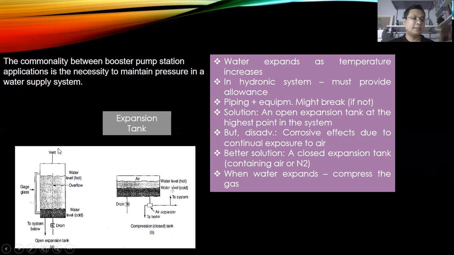On the top there is a vent. The vent system is to control the pressure and also to avoid air being contained inside the system. So we can remove it by using the vent. But we will discuss this later, after the compressed tank.